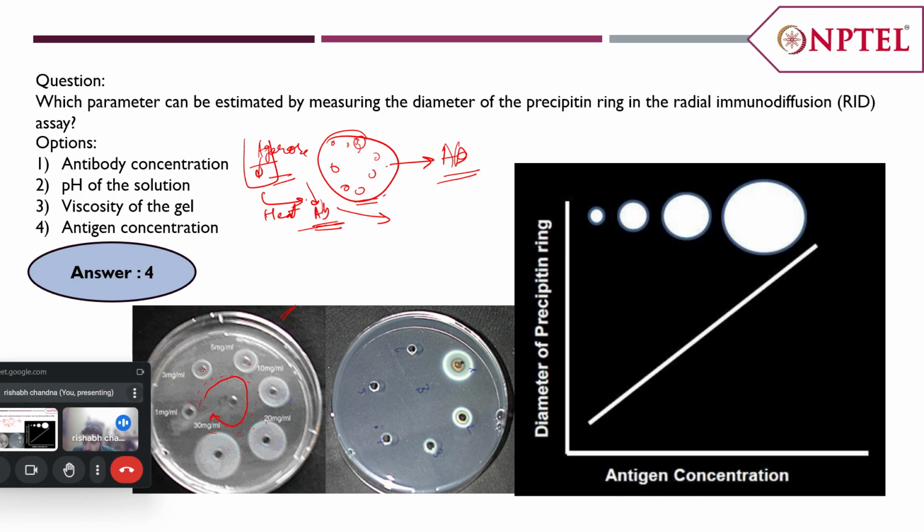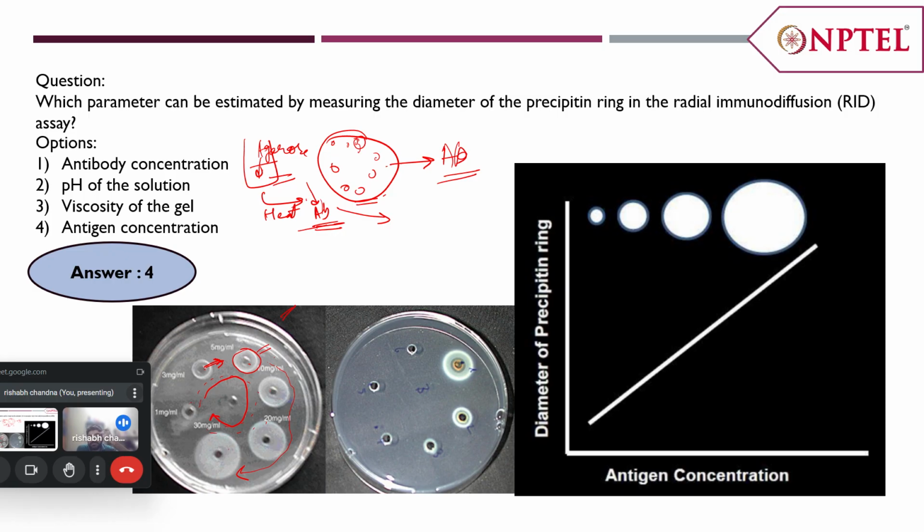Because if there is more concentration of the antigen, it will flow more and form a larger ring. This ring is formed by the precipitation of the antigen with the antibody, and this ring is called the precipitin ring. As this ring grows bigger, that means the concentration of the antigen is more.